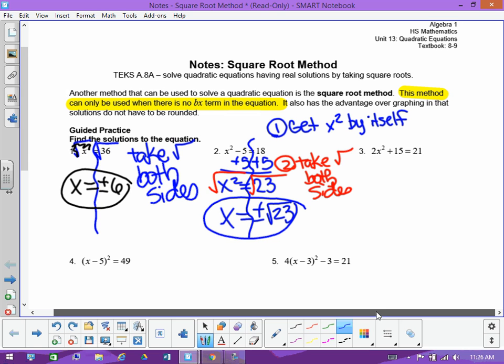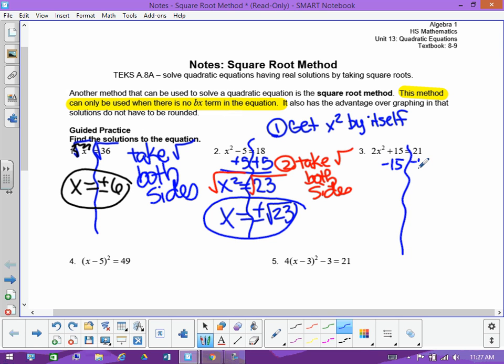Okay, so, same process, look at number 3. We're trying to solve for x squared. We got to subtract 15 from both sides. 2x squared equals 6. How do we get rid of the 2?